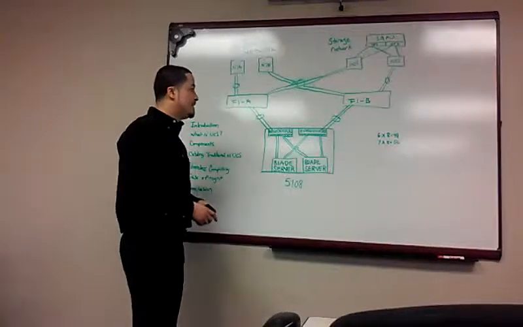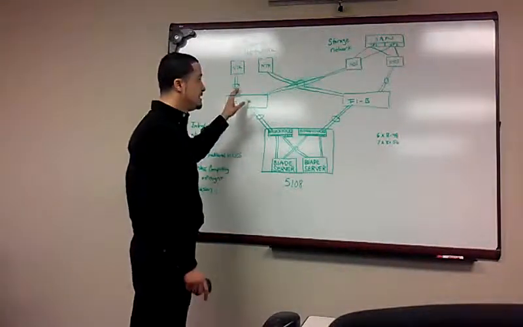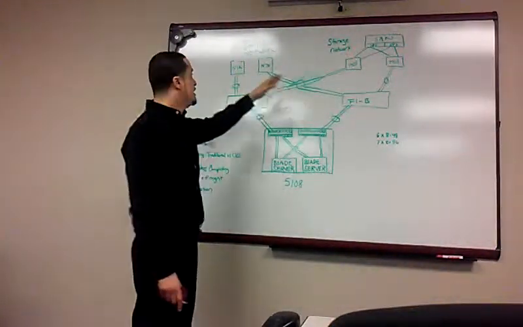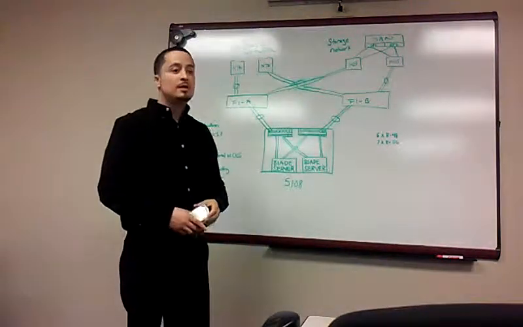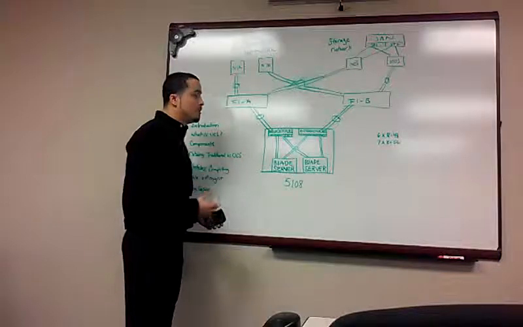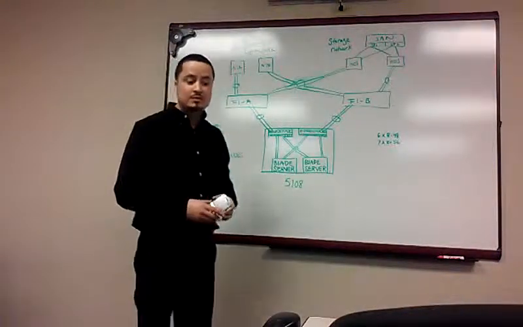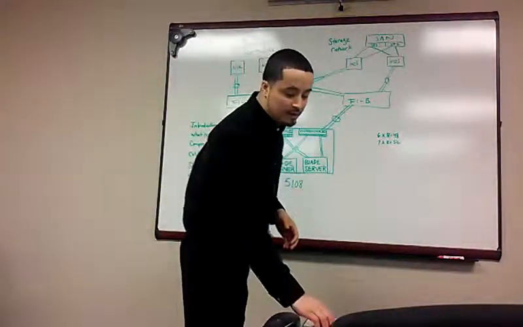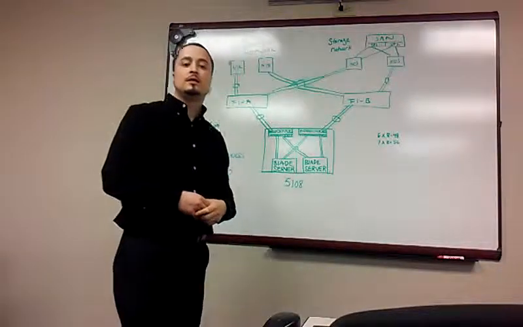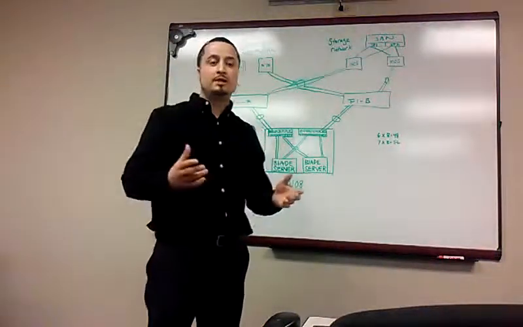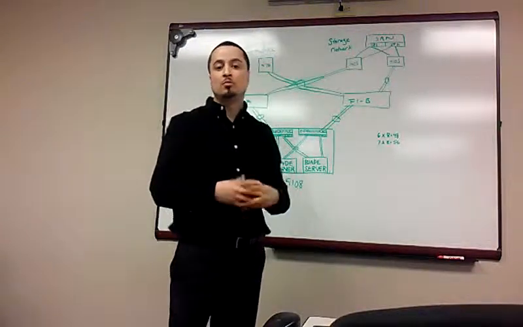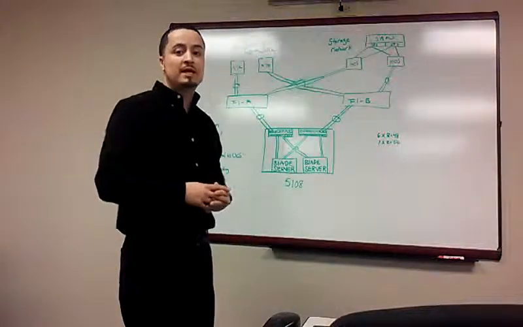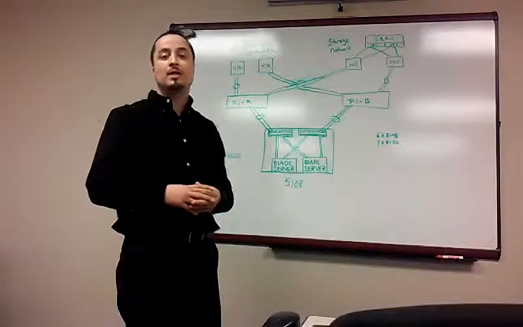Then we have the uplinks going to what's called the data and the storage area network. So as you can see, what is the advantage of the UCS? It's been basically the ruler of the server blade market for the past 2-3 years.